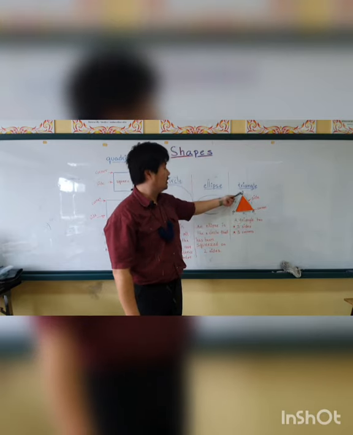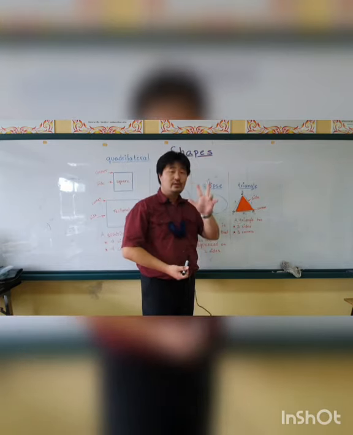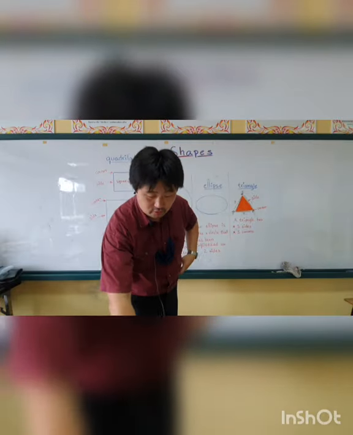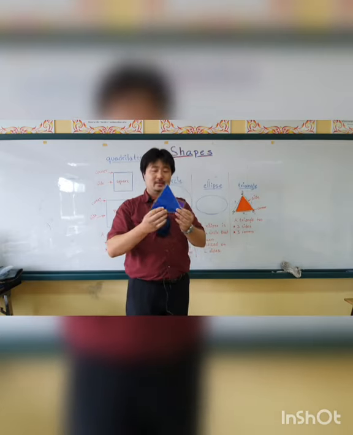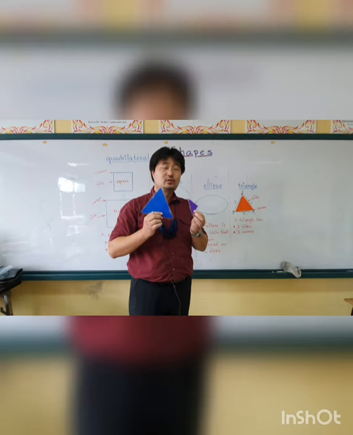If it does not have three sides and three corners, then it is not a triangle. But as I just showed you with my flashcards, the three sides don't have to be symmetrical.